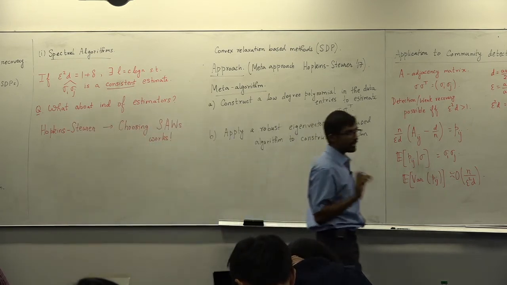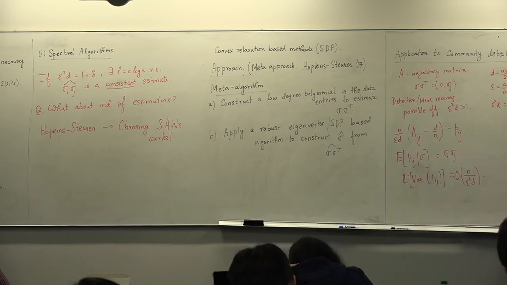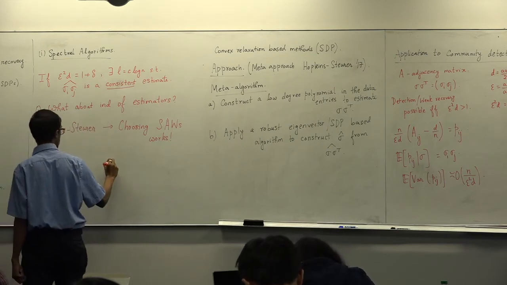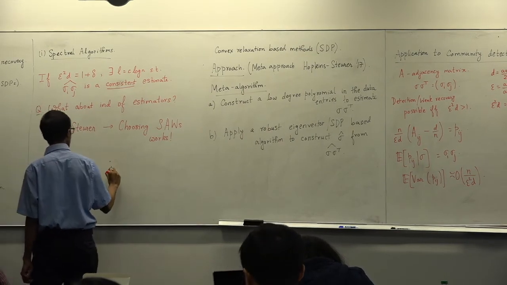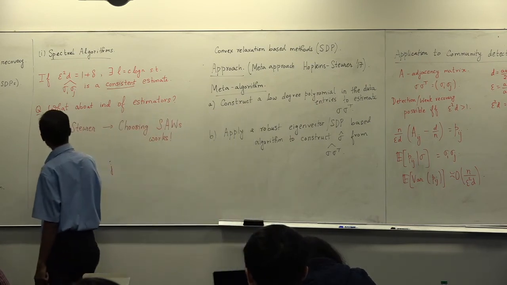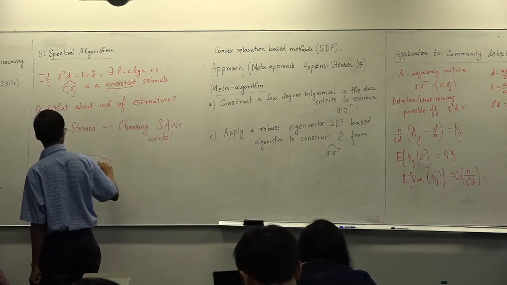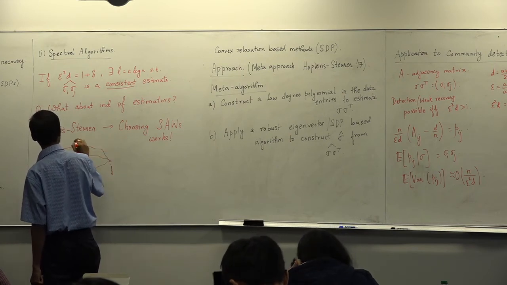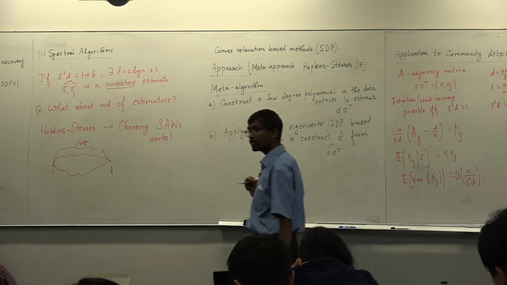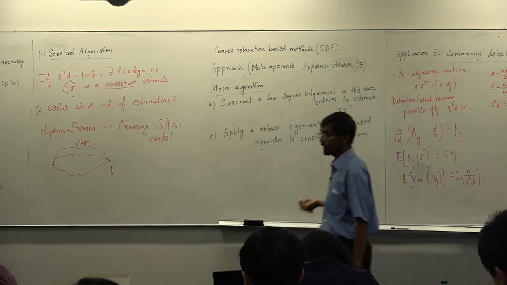So their estimate essentially at the end of the day is that you take any two vertices i and j, you look at all paths of length some c log n between i and j that are self-avoiding.